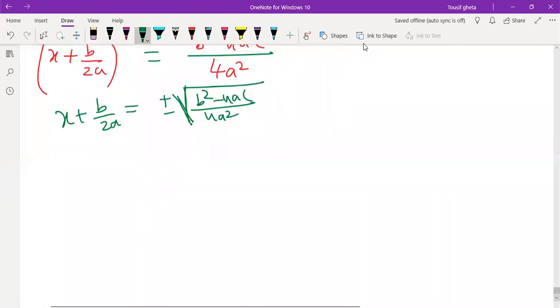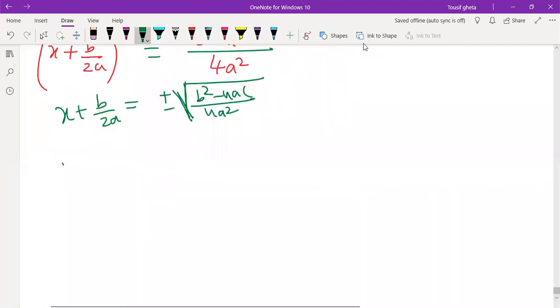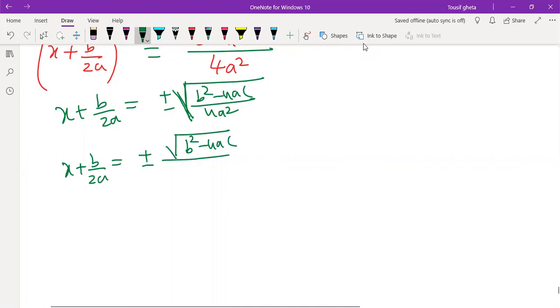Now, x plus b by 2a is equal to plus or minus root of b square minus 4ac. This is not under the root now. Root 4 means we will get 2. Root a square means we will get a. Now you get this one here.